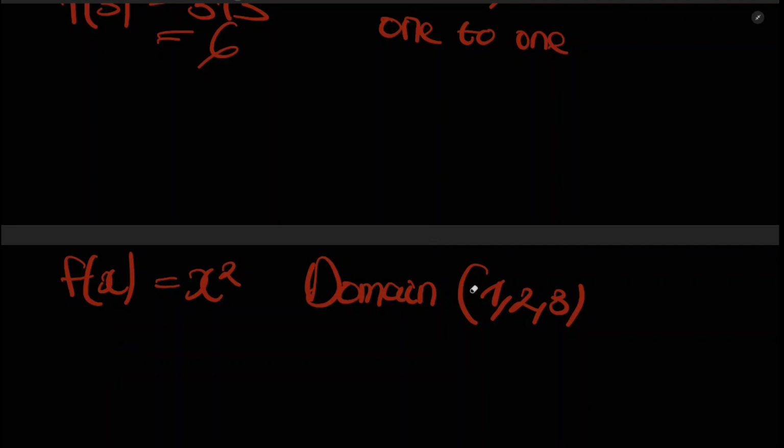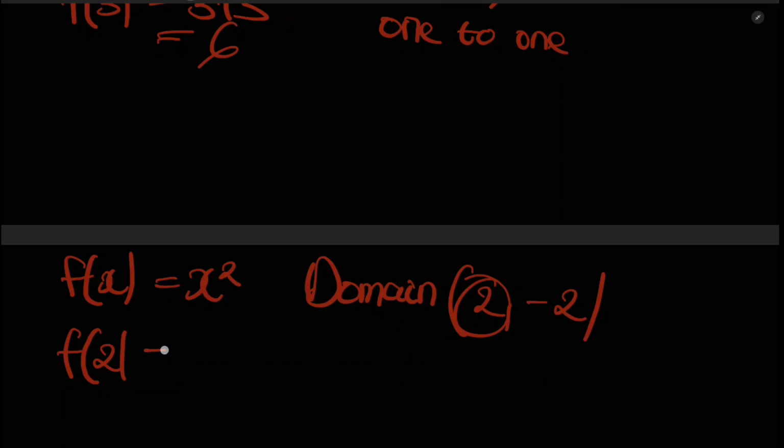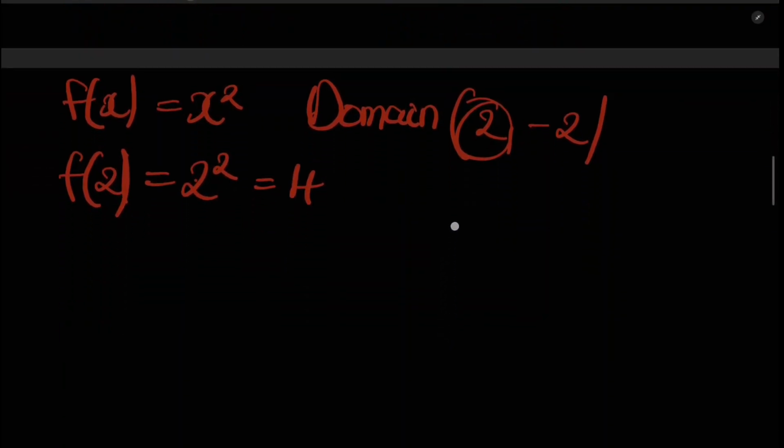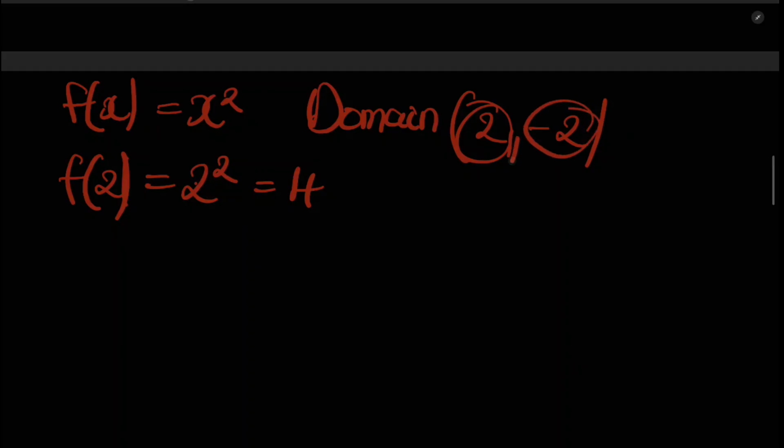Let's say we have 2 and minus 2. Let me take the first value 2. If we have f of 2 equal to 2 squared, this will definitely give you 4. If we take the next value, we have f of minus 2, as minus 2 squared, this will still give you 4.